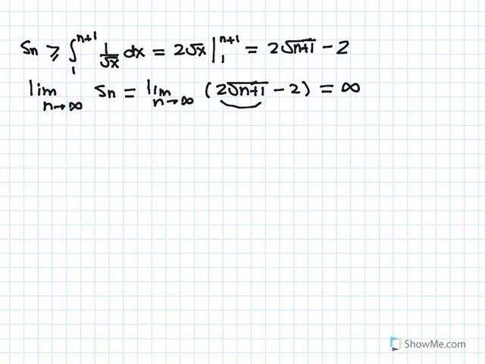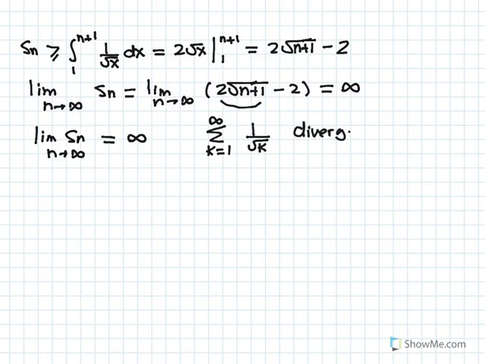So what we have shown is the limit of Sn as n goes to infinity is equal to infinity. And we can conclude that the infinite series k goes from 1 to infinity, 1 divided by root k, diverges to infinity. Now let's look at a theorem.